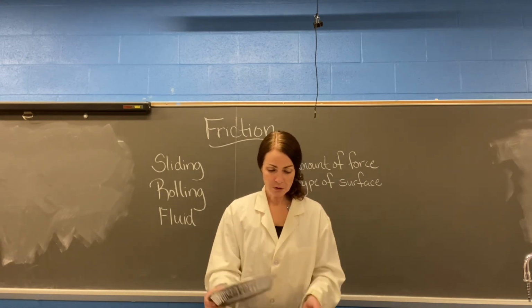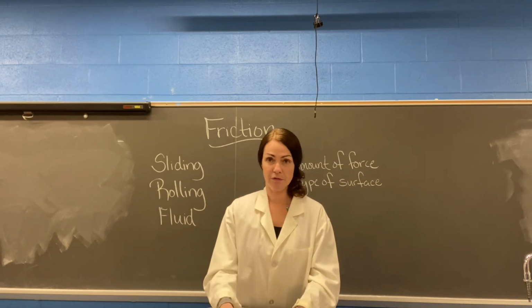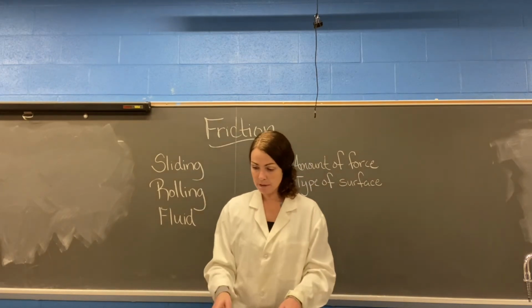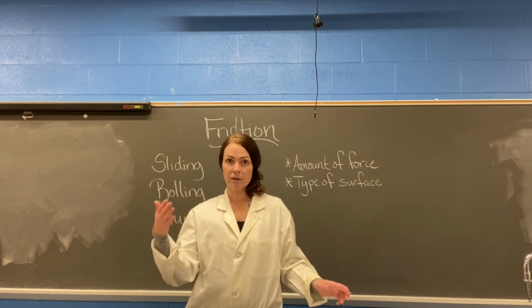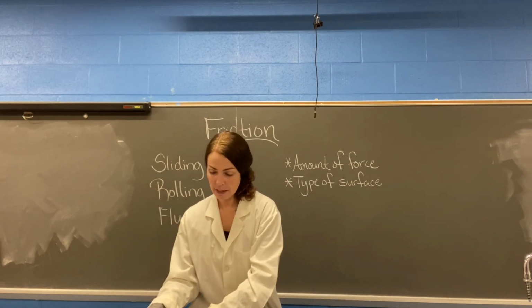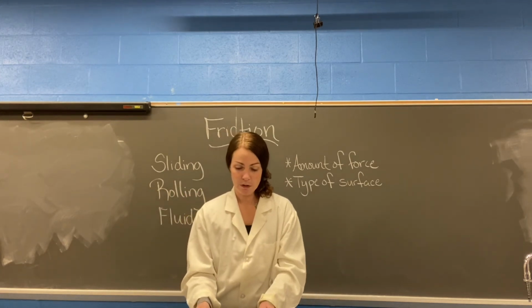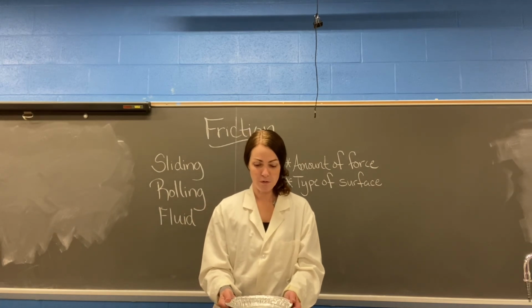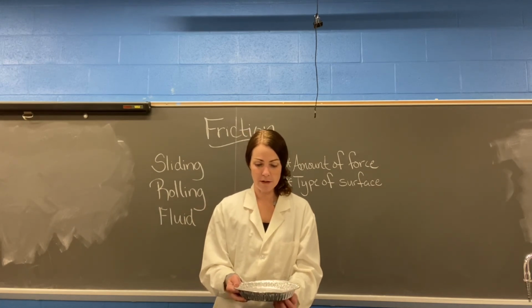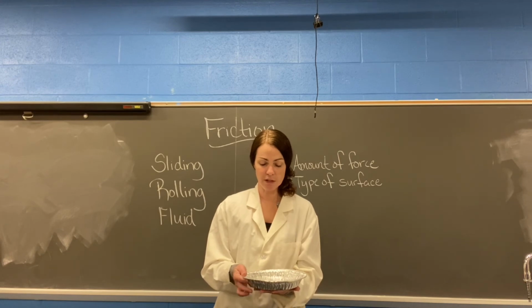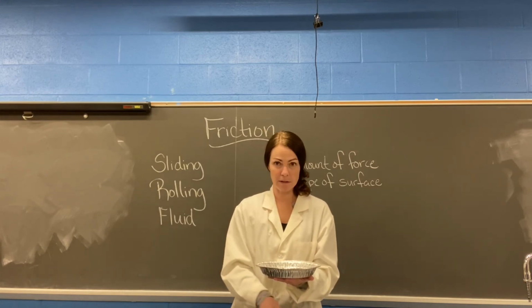And we can also use fluid friction. Fluid friction happens when you have a gas or a liquid, remember. So in this case, we're going to use water. I have one pan full of water, and I know that there is someone out there named Ethan that is just cheering for me to spill this, but I'm not going to.